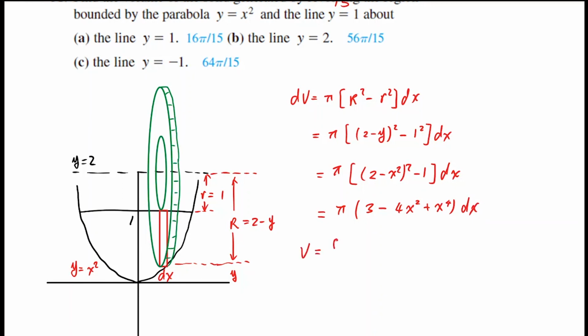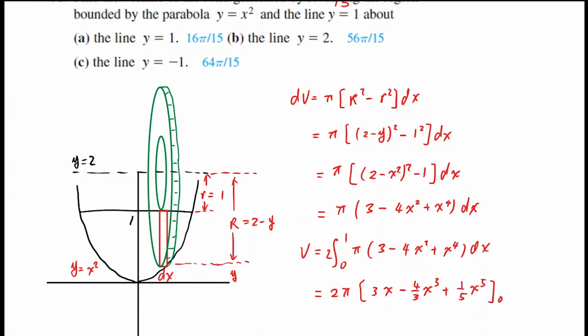So v is from 0 to 1 and double it. You all see this intersection is 1, 1. And then pi and 3 minus 4x squared plus x to the fourth power and dx, and that is 2 pi outside as constants, so 3x minus x cubed, therefore 4/3, plus x to the fifth, therefore 1/5, 0 to 1.